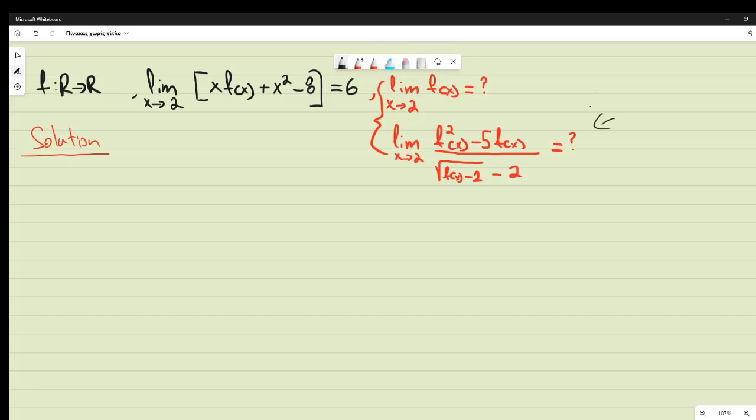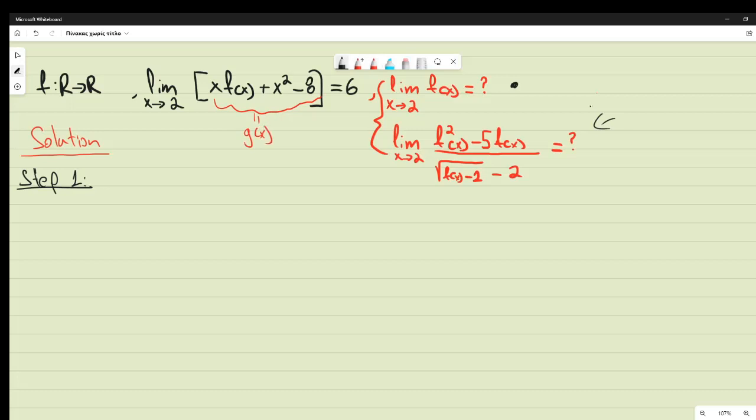We will first calculate this limit over here. When the exercise gives us a known limit, the first thing that we always do, step number 1, is to set whatever there is inside this limit equal to a function, let's say g.